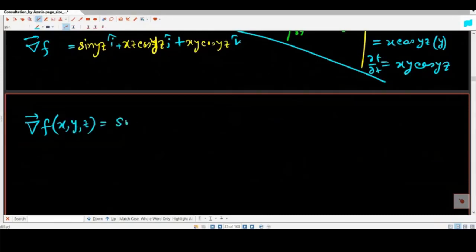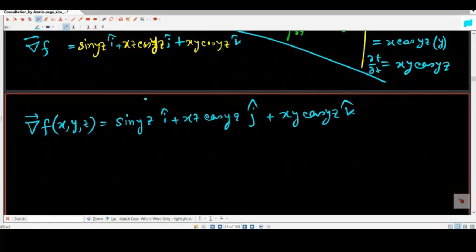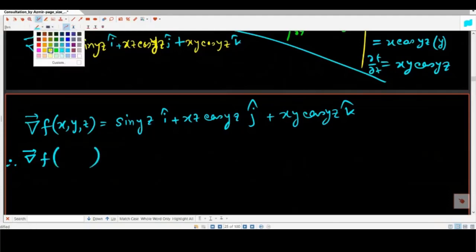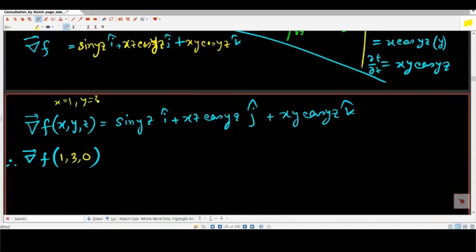So we have sine yz i plus xz cosine yz j plus xy cosine yz k. Now we want to find the gradient at the point 1 comma 3 comma 0. So x equals 1, y equals 3, z equals 0.